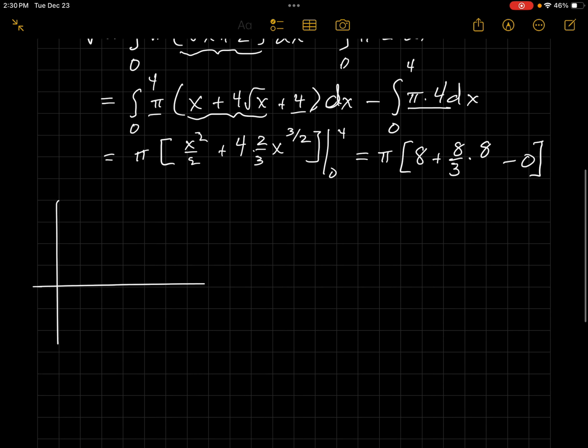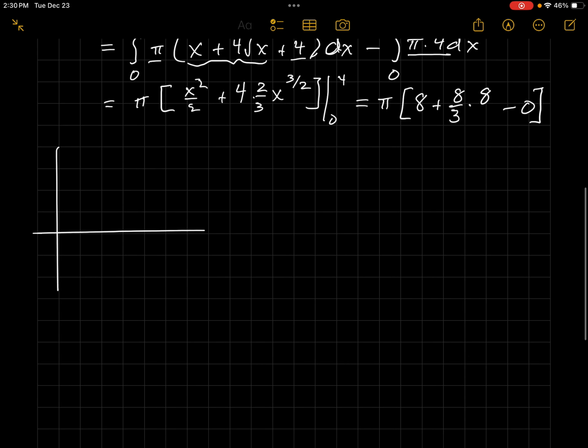But let's do the same region bounded above by f of x equals the square root of x, bounded below by the x-axis on the interval x equals 0 to x equals 4. And let's revolve this now about a different horizontal line.